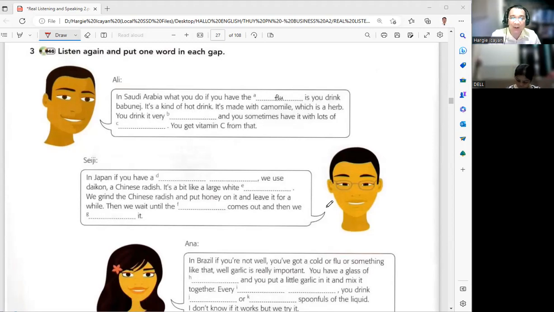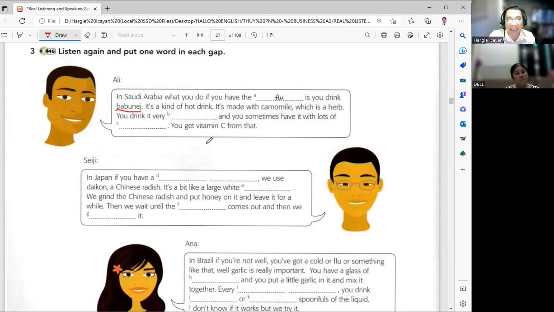Okay, so the first gap would be flu. According to Ali, in Saudi Arabia, if they have a flu, they drink babunij. This babunij is a kind of hot drink made with chamomile, which is a herb.